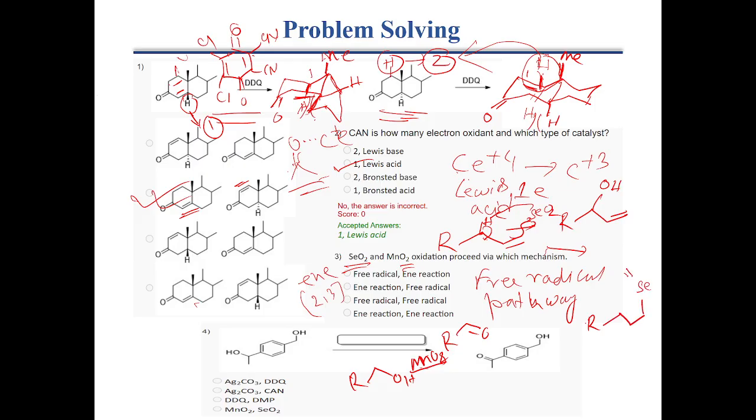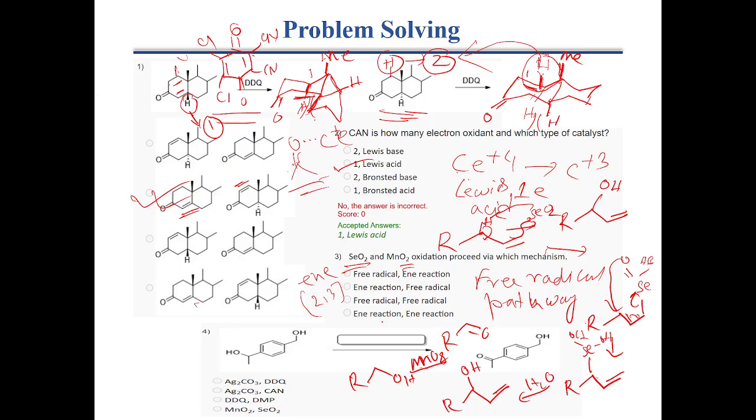This will form this, and now followed by a 2,3 sigmatropic rearrangement within this product. Now under water treatment, it will form this alcohol.